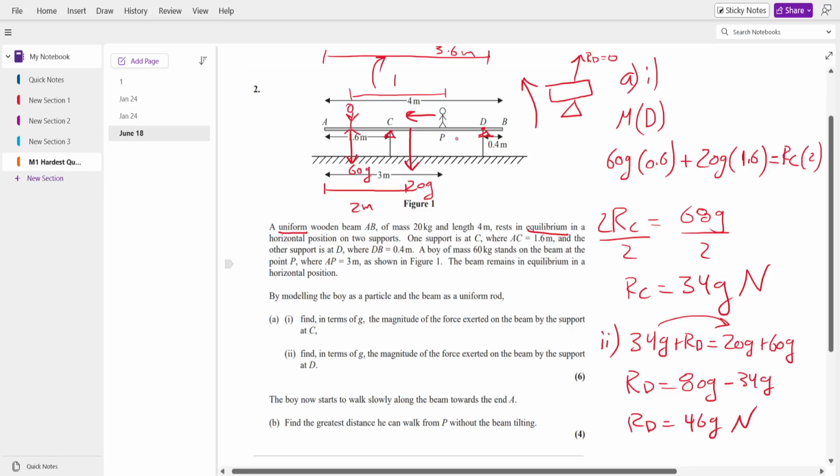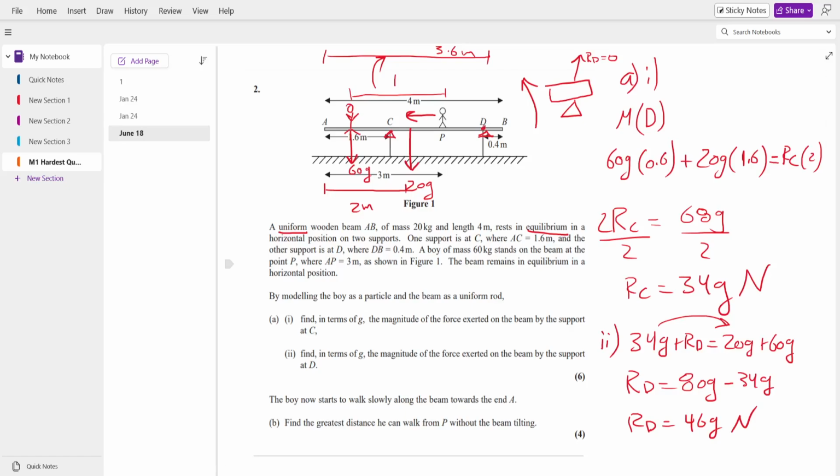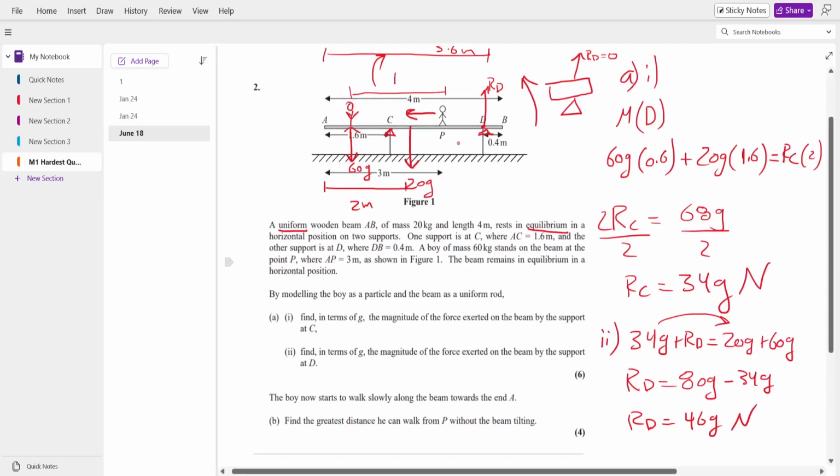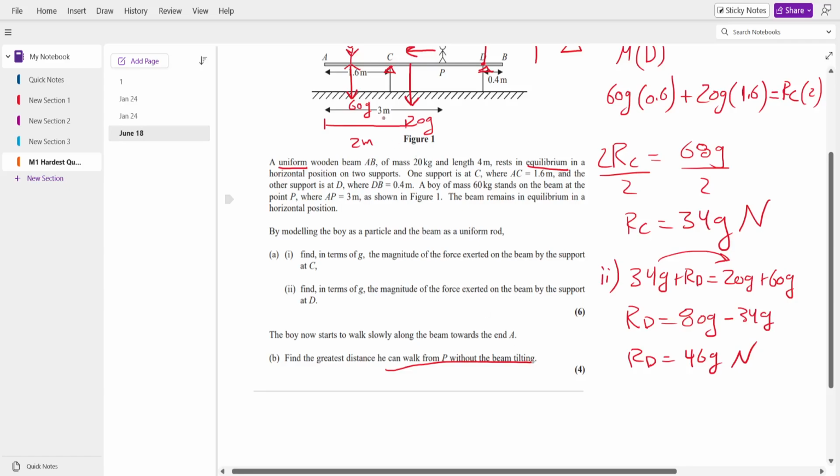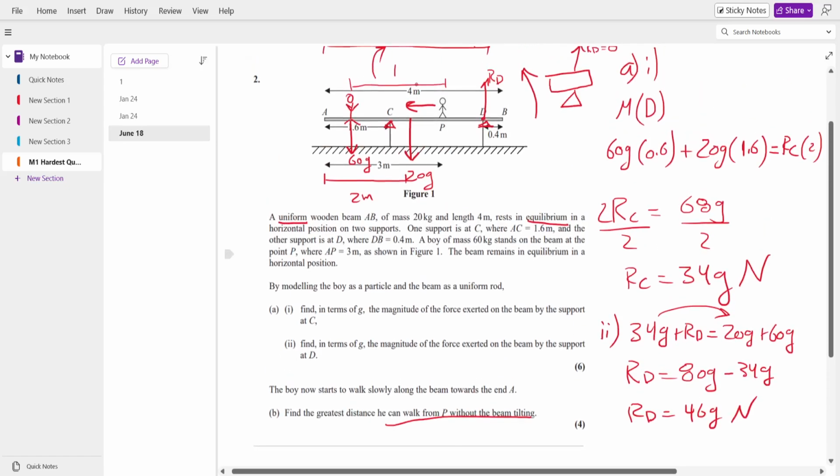So we know when the beam is about to tilt, then the reaction at D is going to equal 0. And as the boy moves further to the left, the beam tends to tilt more. So the greatest distance he can walk from P will be the distance where the beam is about to tilt. So let's see how we can do that.